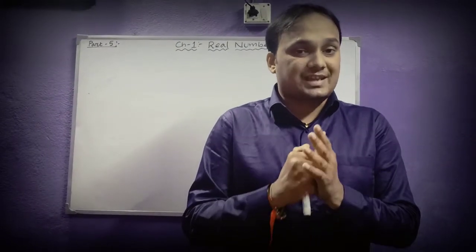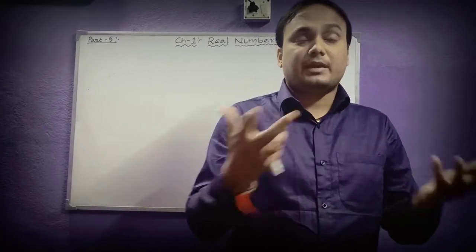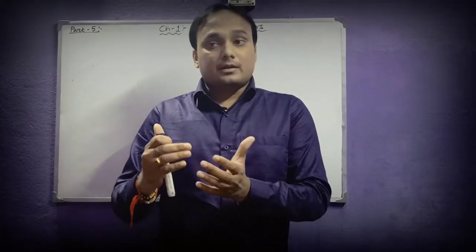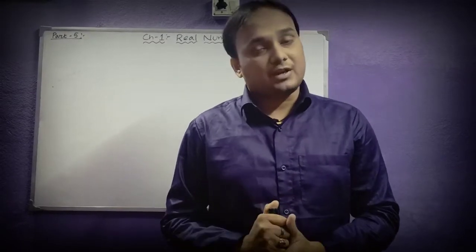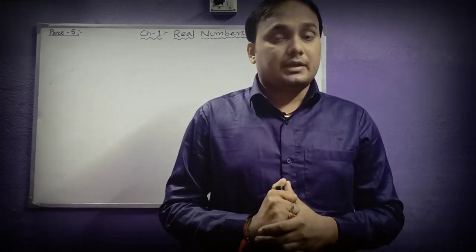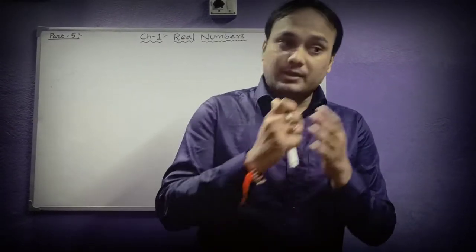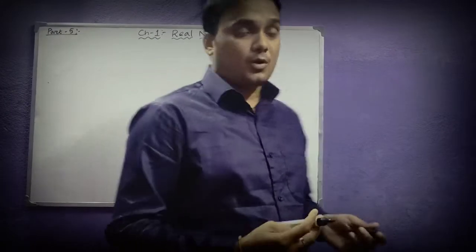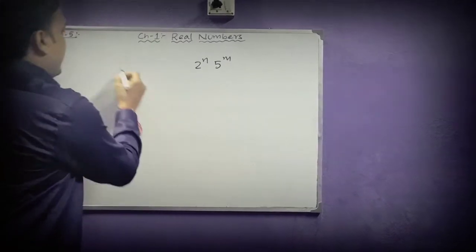The first theorem states that if x is a rational number, and that rational number has a terminating decimal expansion, then that rational number can be expressed in the form p by q, where p and q are co-prime numbers, and the prime factorization of q will be of the form 2 to the power n into 5 to the power m.